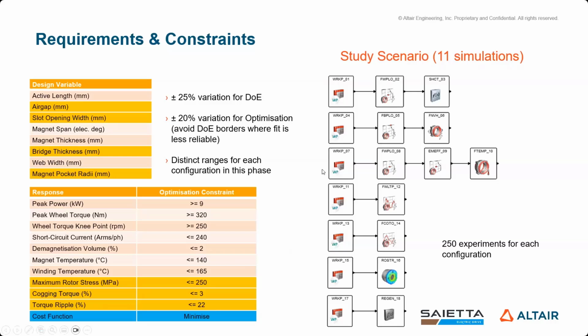And on the right here, you have all the different physics. Each line is a different computation, and that will compute the outputs that are necessary to be evaluated for the constraints and for the cost and for the objective. And the objective being the cost here.